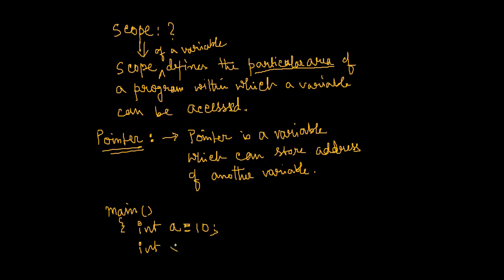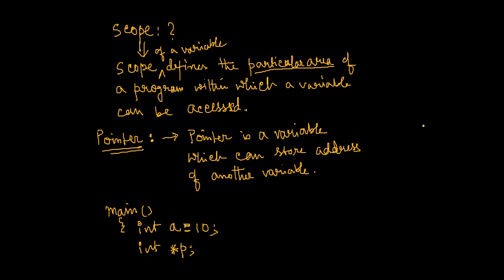We can define a pointer, say, as int star p. I have written int before this. Why? Because always remember, the data type of a pointer depends upon the data type of the variable whose address I am going to store within the pointer.